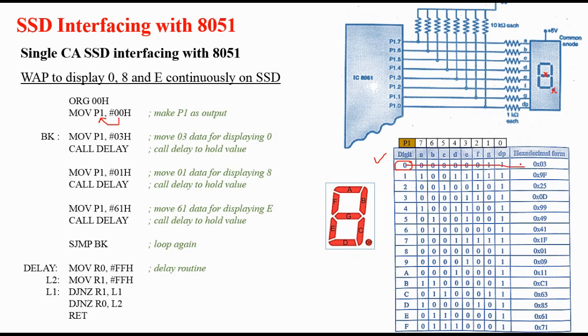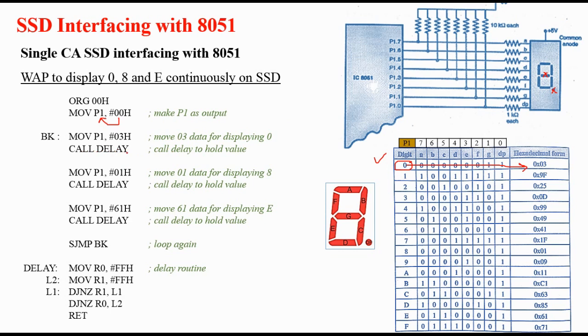For 0 we have 03. Then call delay. It means that 03 status means 0 digit will be held for some time, so that you will be able to observe, otherwise it will vanish within a second. So we have kept it as it is for some time, that's why we call the delay.